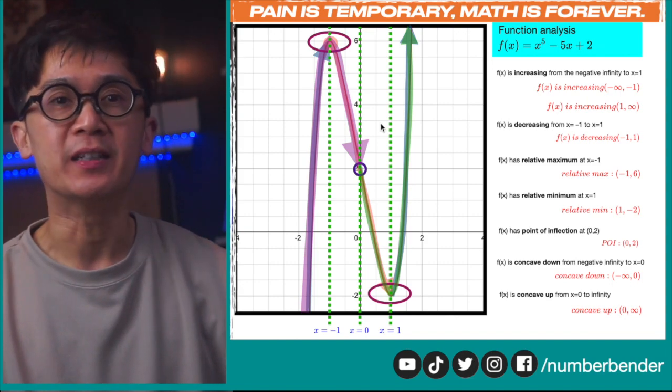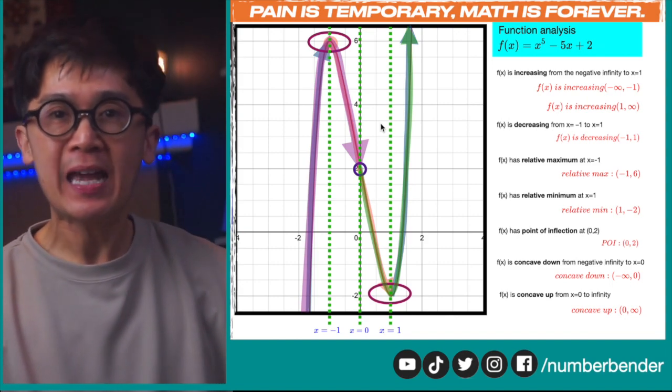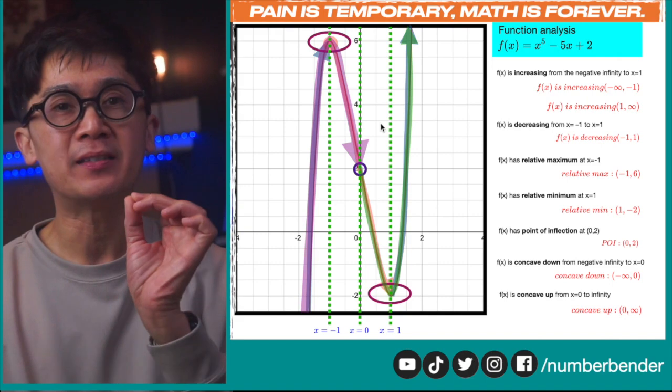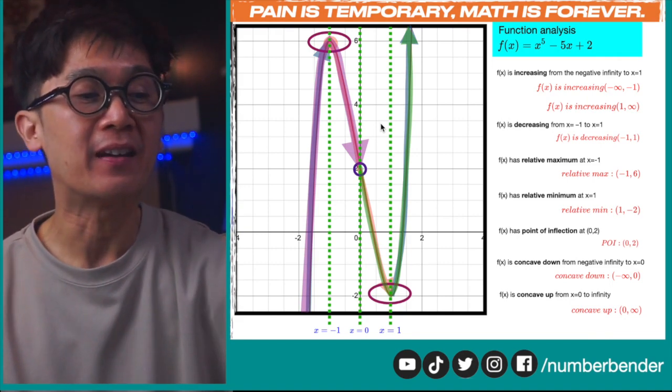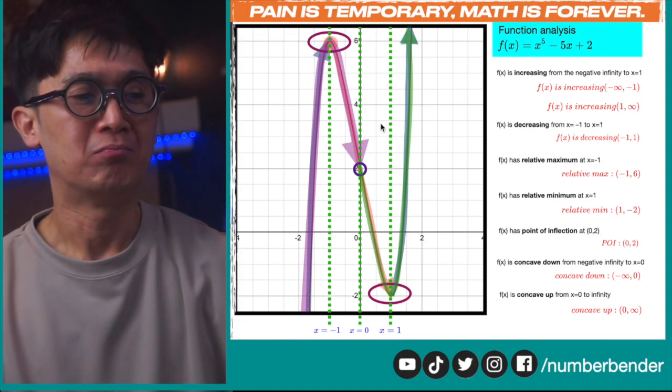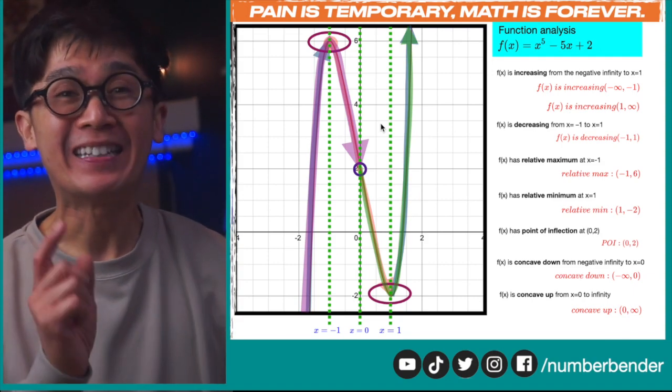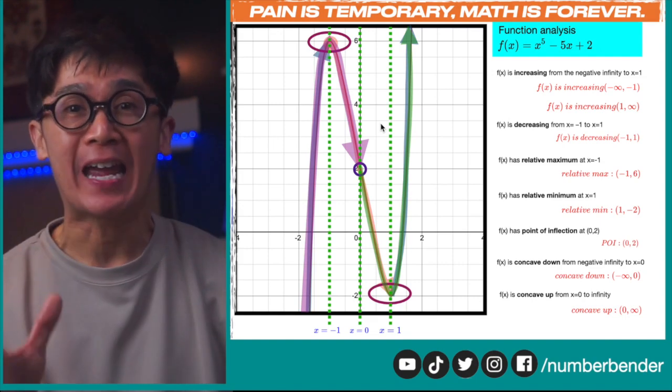However, in calculus, the beauty of calculus is that we can analyze certain functions without even seeing the graph. And that is what we will do in the second slide.